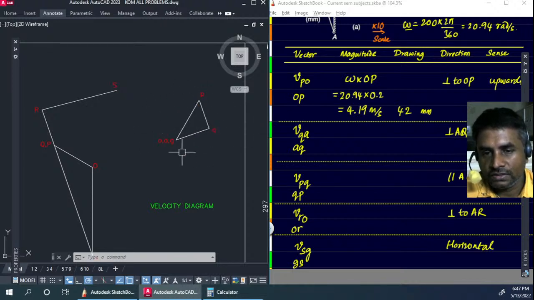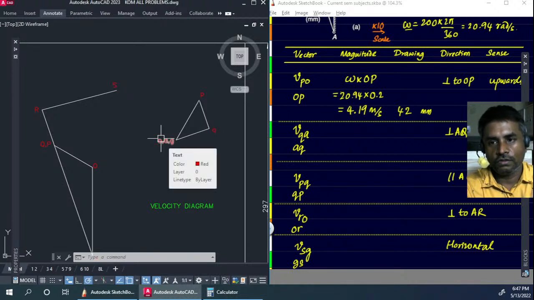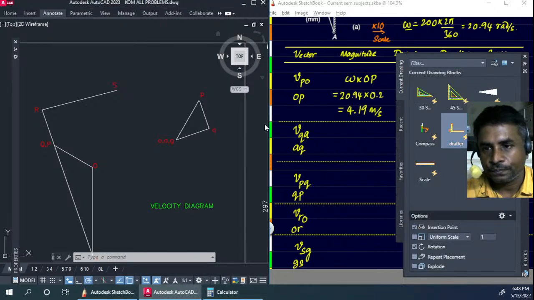So this clears the velocity diagram for this particular thing, and by measuring the lengths we will be able to find the velocity of P with respect to Q, which is over here. So we'll first get that value. Let's go ahead and do the measurement.